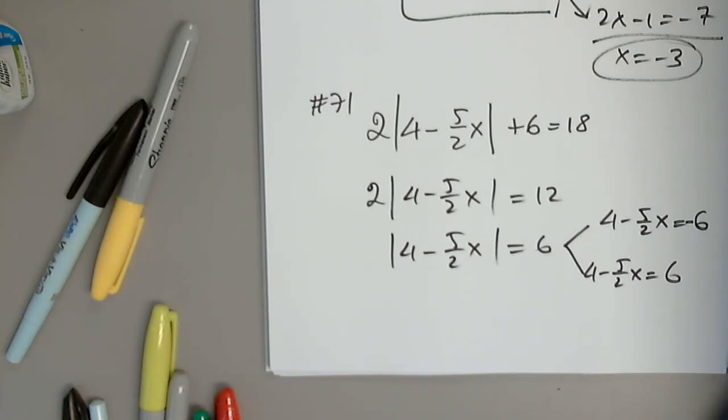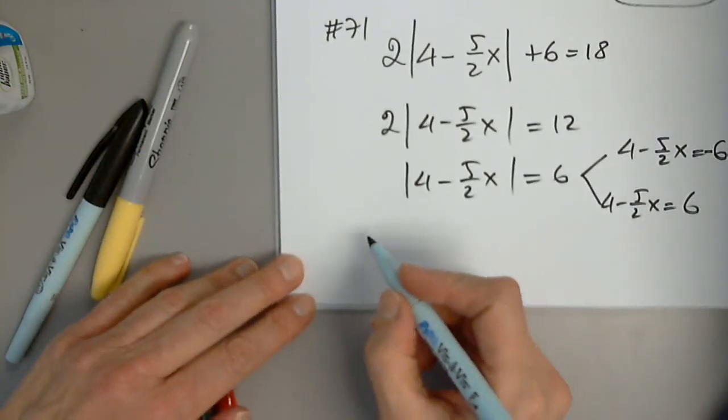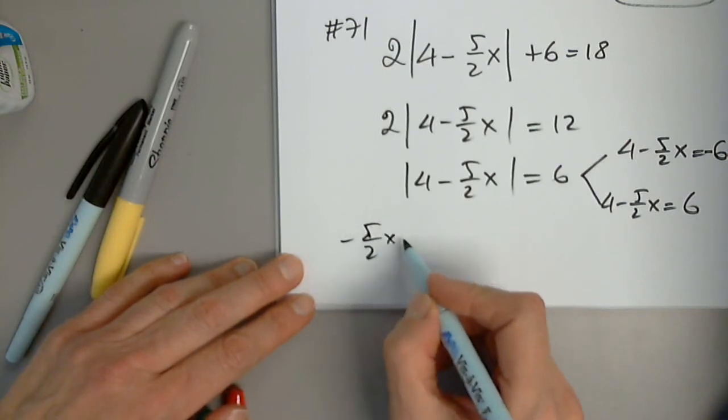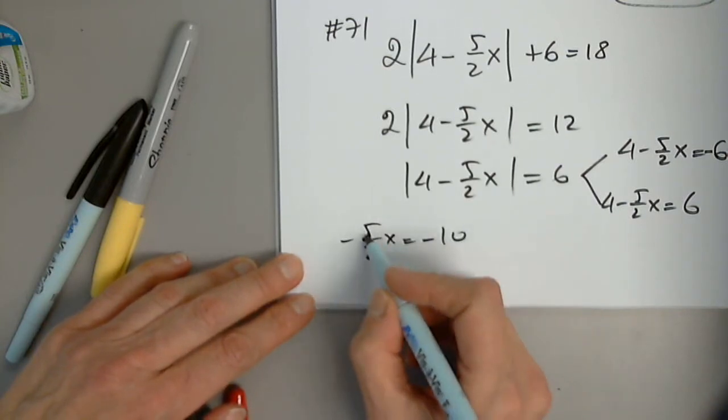We don't have radicals. Linear. Of course. This is a linear equation. There is no x in the denominator. There is no x squared. There is no x cubed. Linear. What do I do first? Exactly. Let's subtract 4. So -5/2 x equals -10.